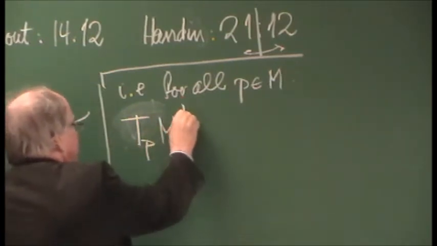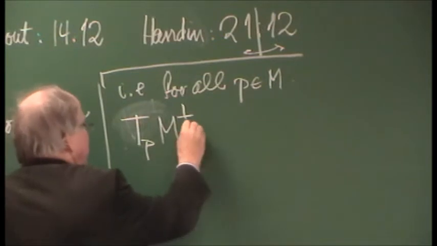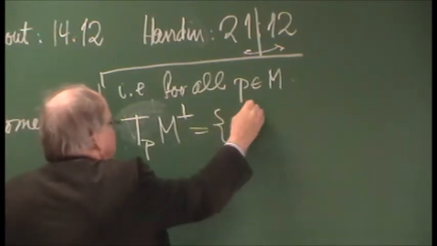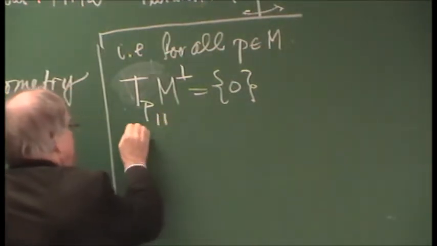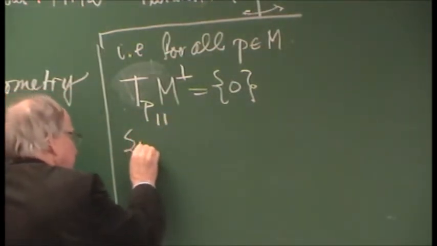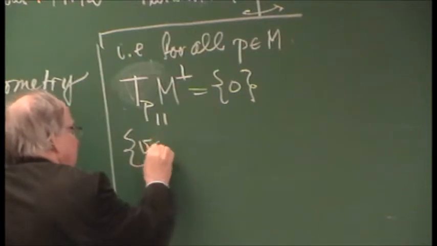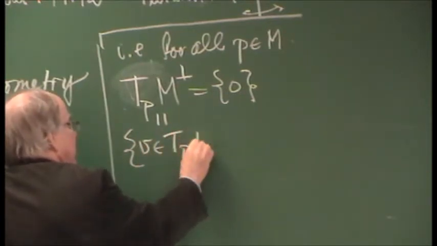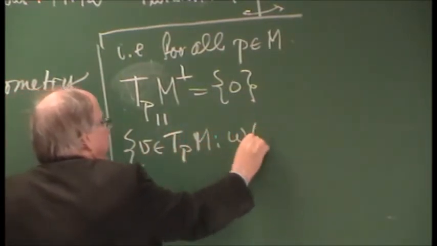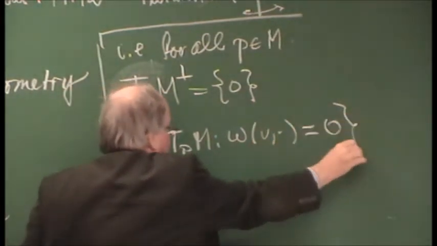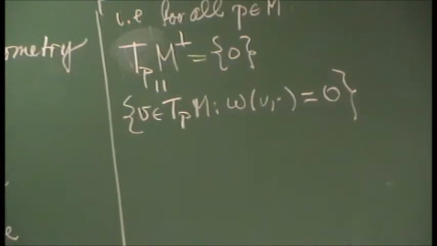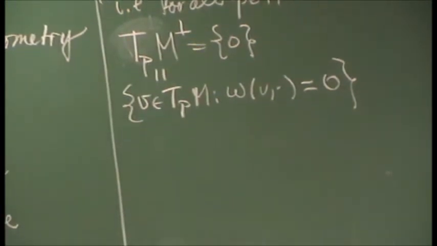The tangent vectors which are perpendicular to the tangent space is just 0. So there are no tangent vectors which are perpendicular to the full space. So these are the set of vectors V in the tangent space such that omega V is 0. This is 0 as a form.